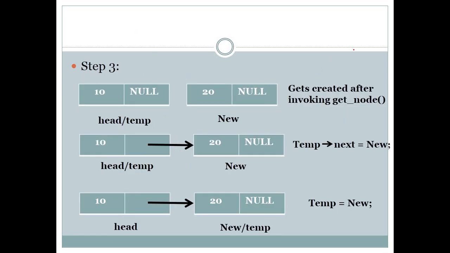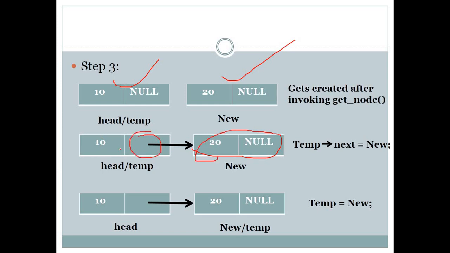Now step number 3, if we want to add some node into our linked list, then what will we do? First, this node is available with us. Now we want to add this node into our linked list. So simply we will put this node's address into this null part.